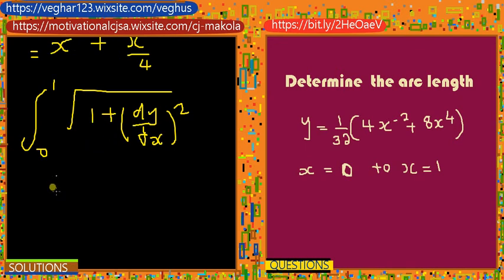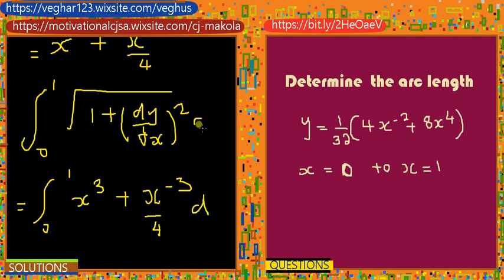Then from here we just substitute as it is: x raised to 3 plus x raised to negative 3, over 4, dx.